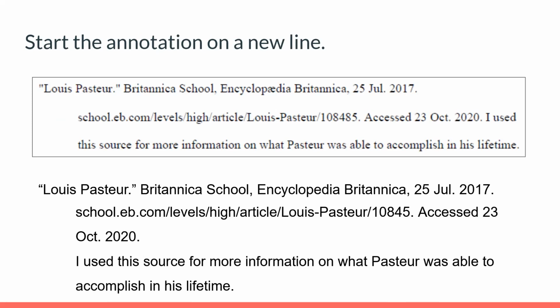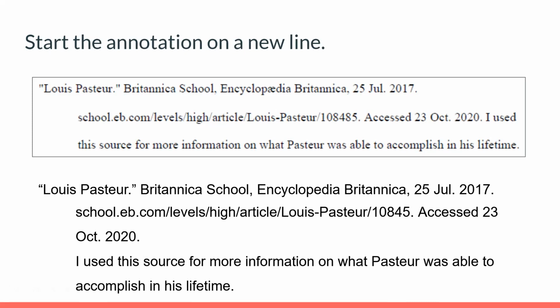Another thing is to start the annotation on a new line. So in the example at the top, at the end here where it says accessed 23rd October 2020, they did a space and then I use this source. What I've heard from judges and in my experience of looking at annotated bibliographies, it's helpful if you start your annotation on a new line.